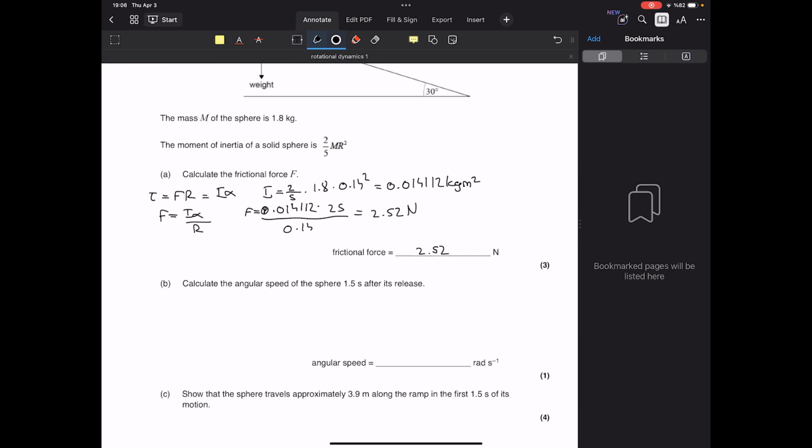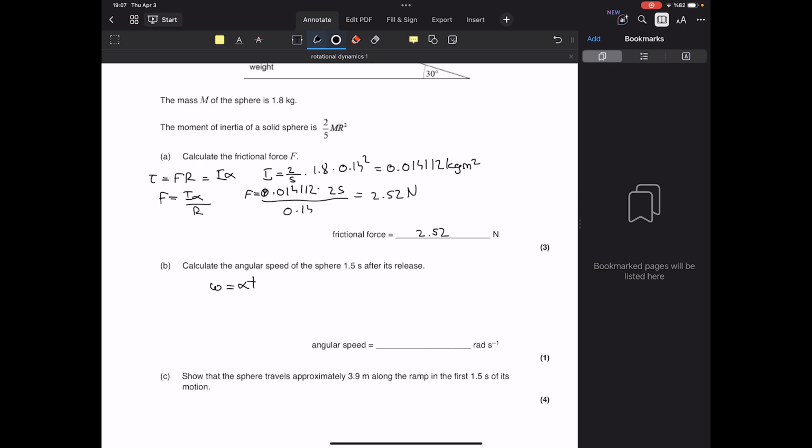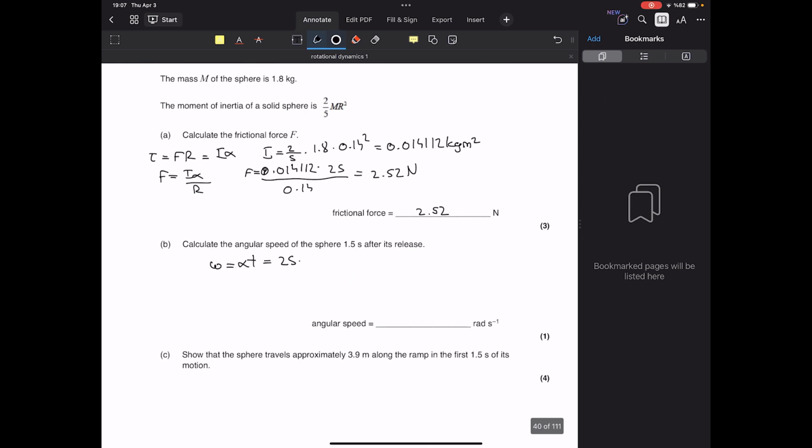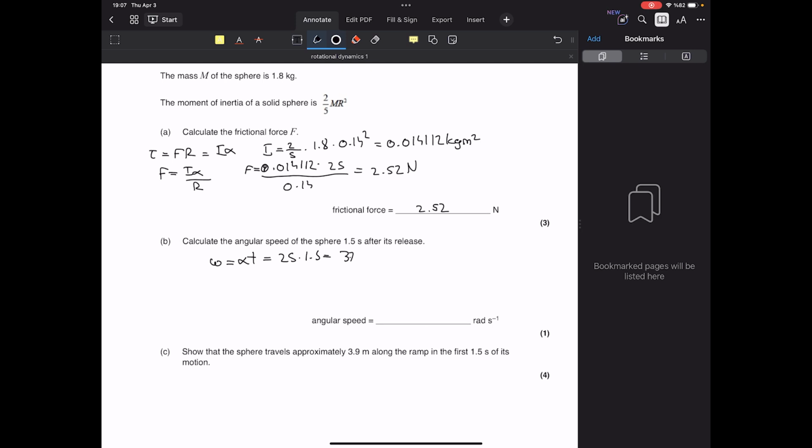Now initially it's at rest, so the angular speed is simply going to be alpha times t. So that will be 25 times 1.5, which is 37.5 radians per second.